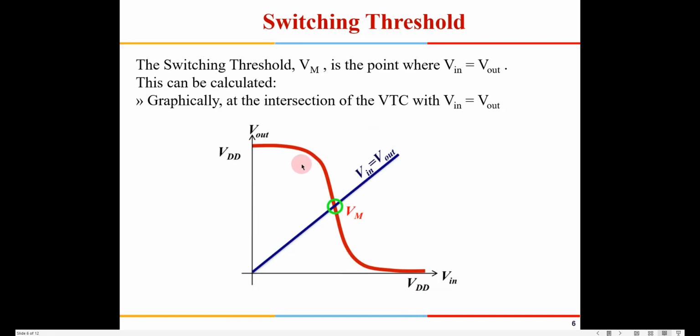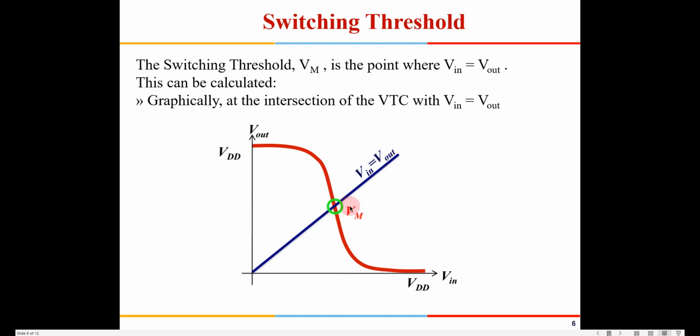Now there are a few more important things before we start the simulations, which is something known as the switching threshold. This is the VTC curve of an inverter. The x-axis is Vin and the y-axis is Vout. If I draw a line where Vin is equal to Vout at a 45-degree angle, it will intersect at a certain point, which is known as the inverter threshold.